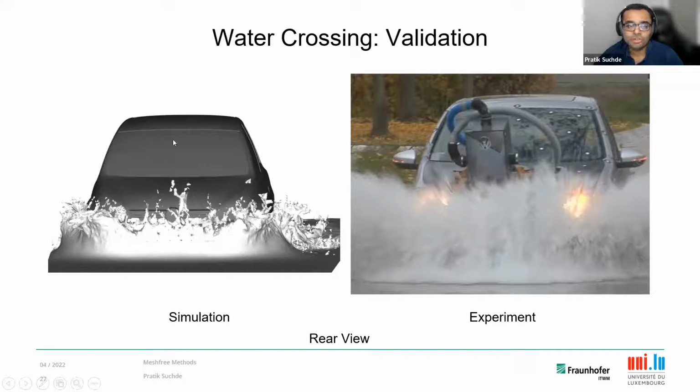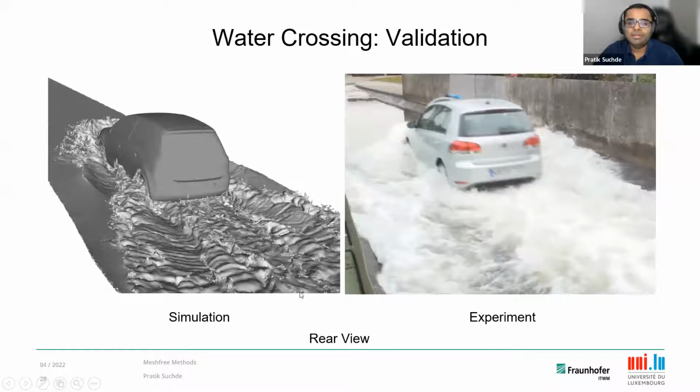The actual geometry of the car is also what they gave us, of the same car that they ran through the water. Now you can see this from front and from back, but with this comparison it's really hard to say anything. Is the picture on the left the same as the right? It's hard to truly say.